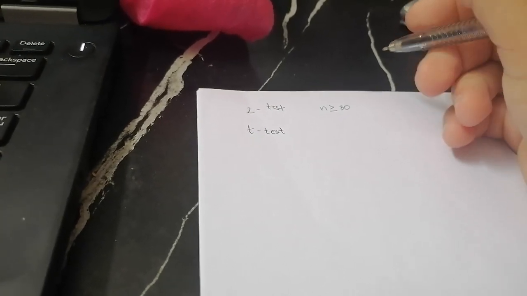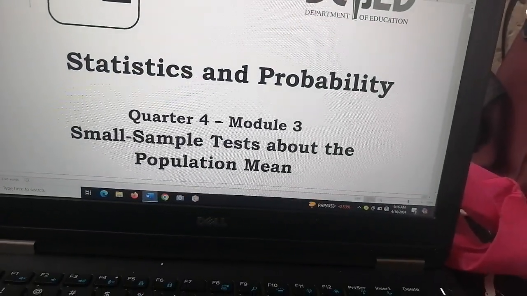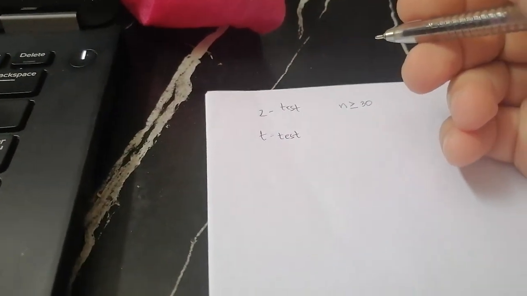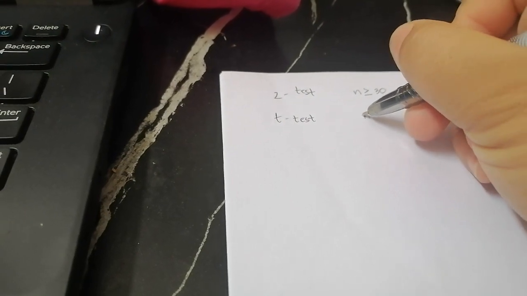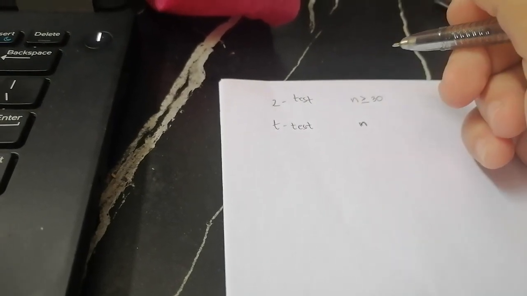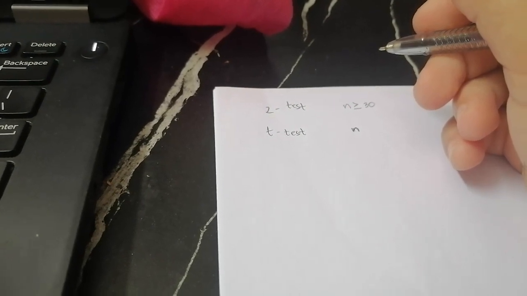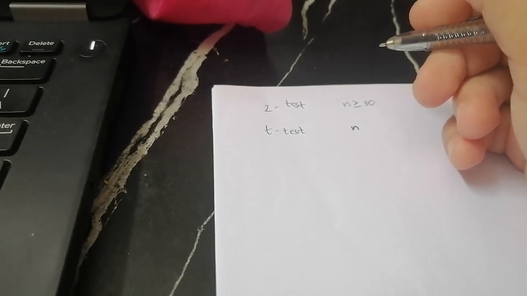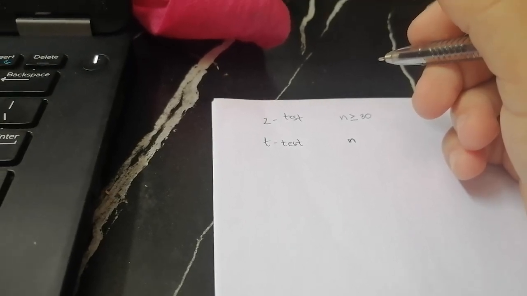This time, we will tackle the small sample test about the population mean, wherein we are going to use the T-test. A small sample test describes that our sample size is small.